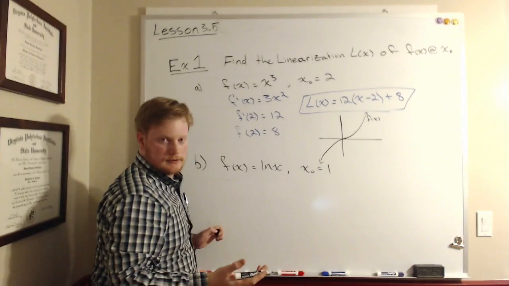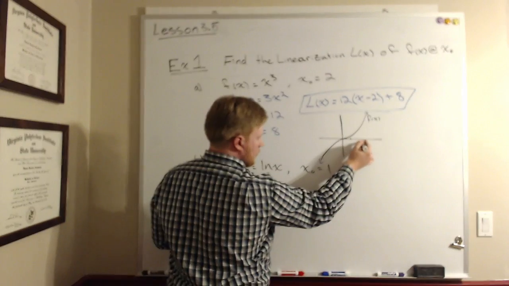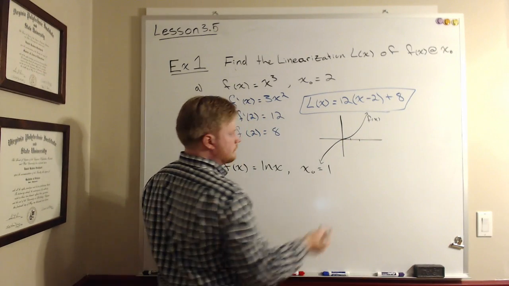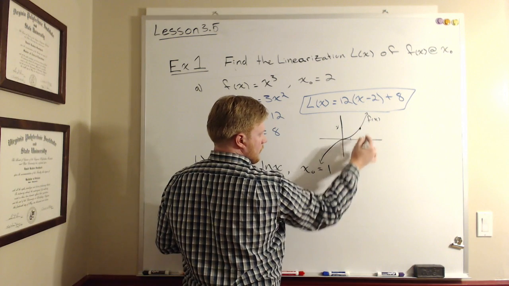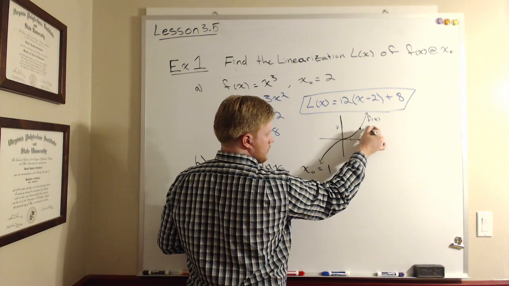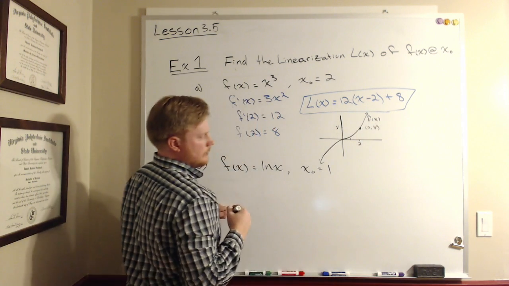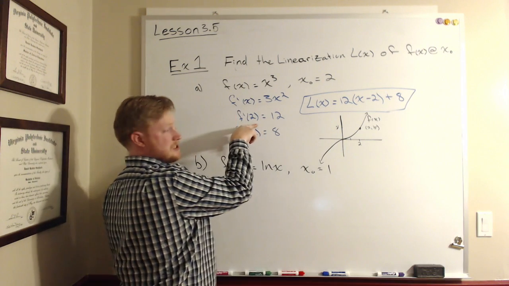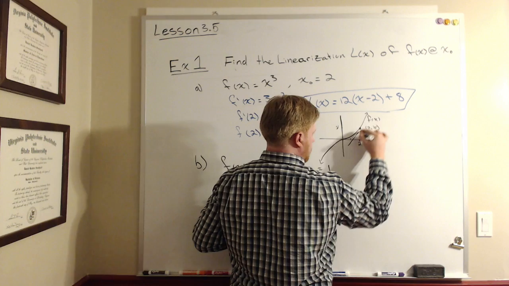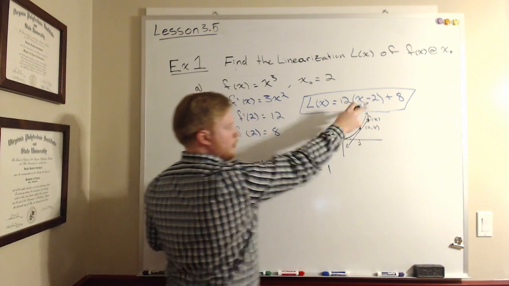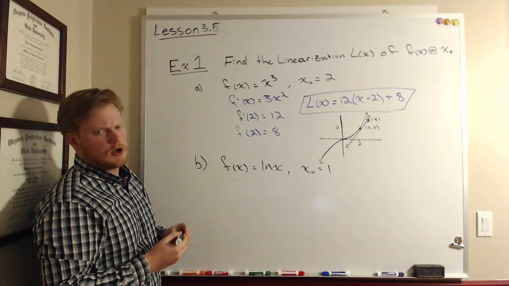Here's f of x. I go over to 2. So this point is 2, 8. And all I've done is find the slope of the tangent line at that point and used the slope and the point to come up with the equation of a line. That's all the linearization is.